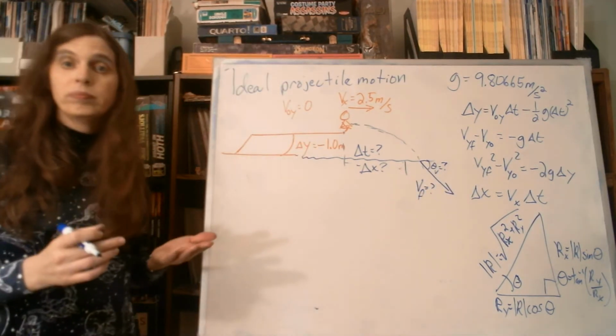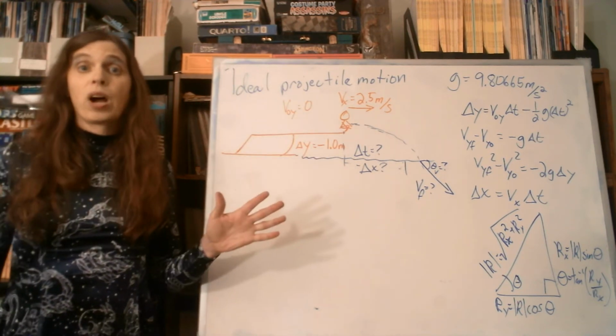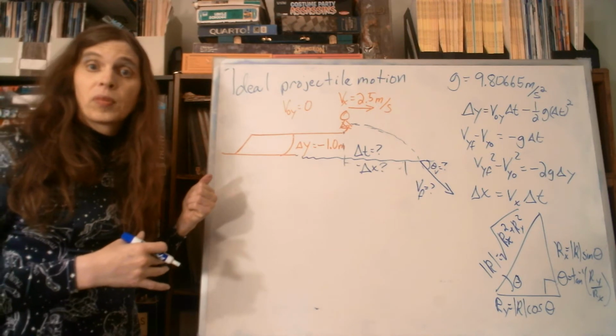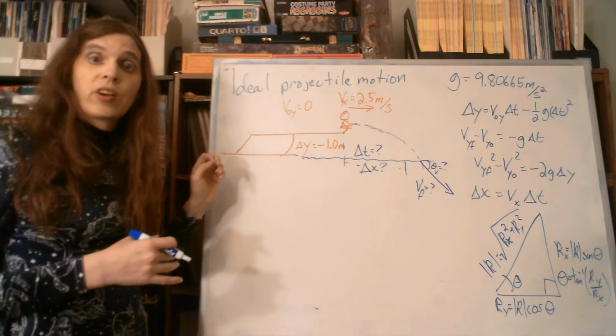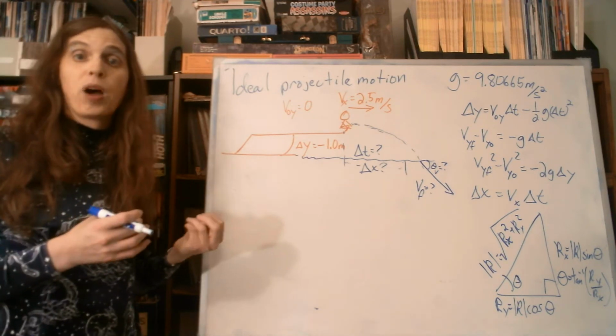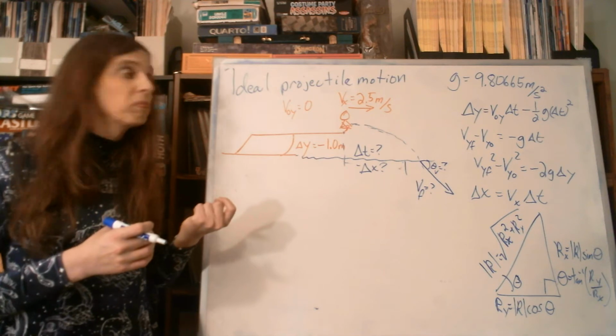And so we're going to say, okay, let's take a look at the problem. We've drawn a diagram. We've started to list our knowns and our unknowns. We can identify from how we've been talking about the problem that this is an ideal projectile motion situation.